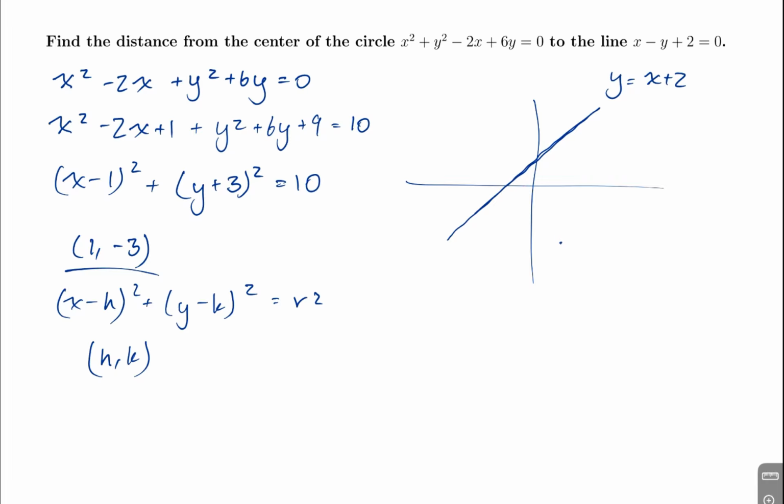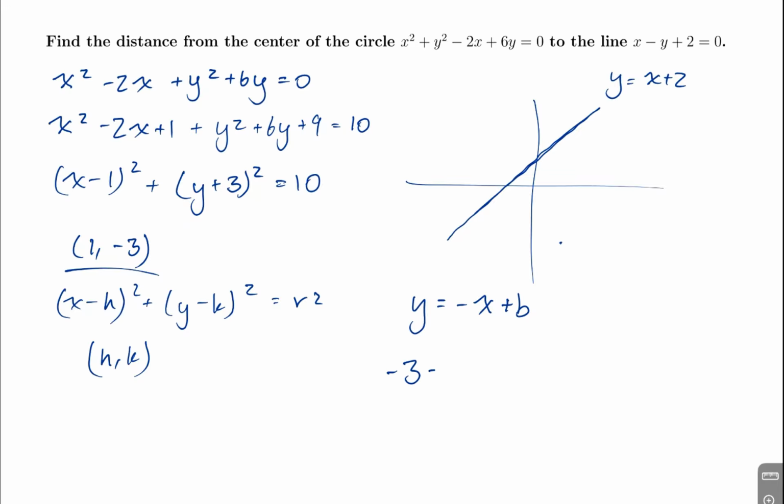So now we're going to find the perpendicular line to y equals x plus 2 that passes through our point. We're going to start by writing y equals negative x plus b, because the slope of a perpendicular line is the negative reciprocal. Then we're going to use our point 1, negative 3 again.